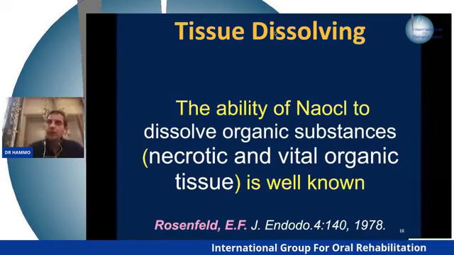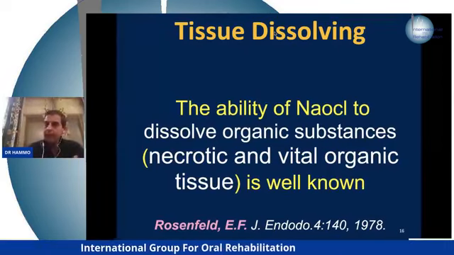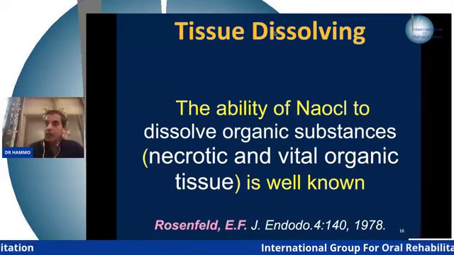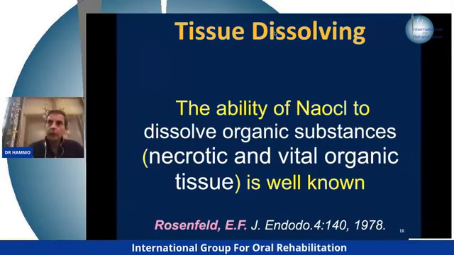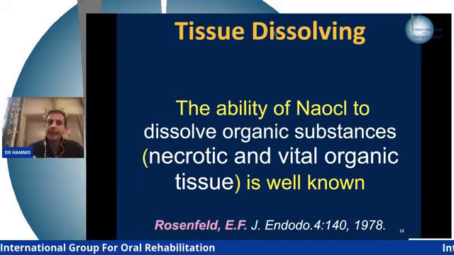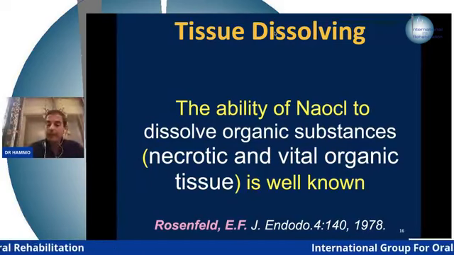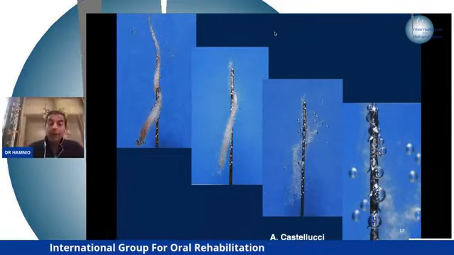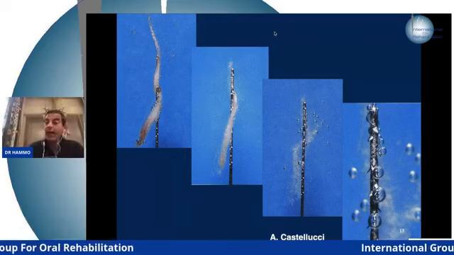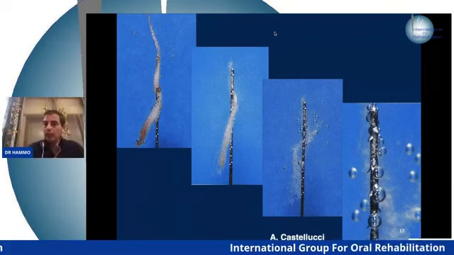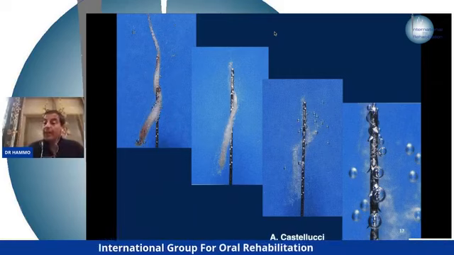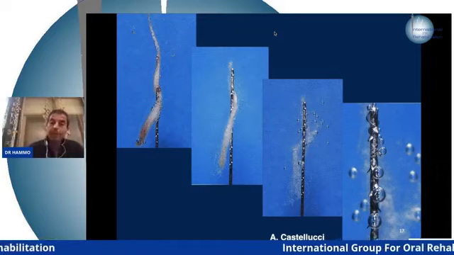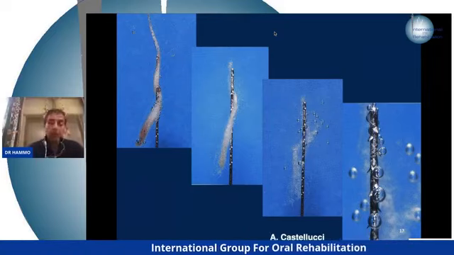It is the only solution among the irrigants which has the ability of dissolving organic tissues. Saline, hydrogen peroxide, chlorhexidine and EDTA do not have such properties. This is from Castellucci in the Endodontics textbook. If you put vital tissues inside a dish with sodium hypochlorite, you will find the pulp will disappear. That means sodium hypochlorite is a potent dissolvent.